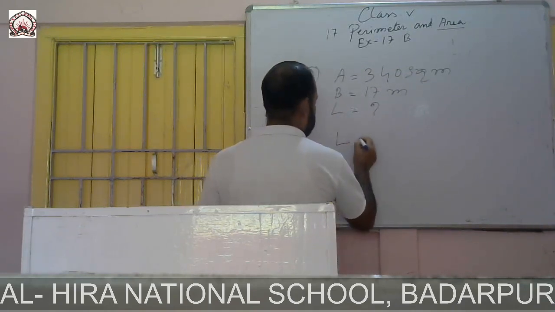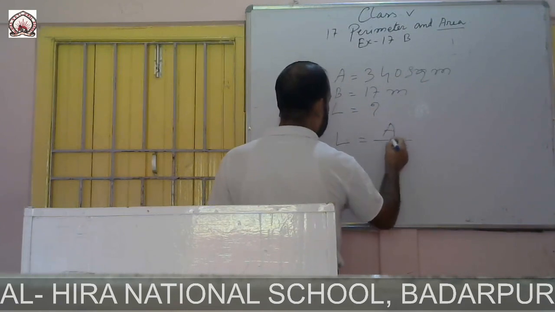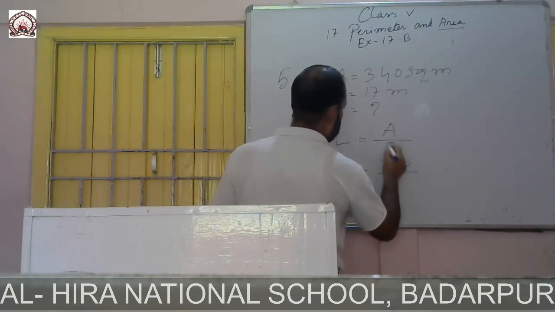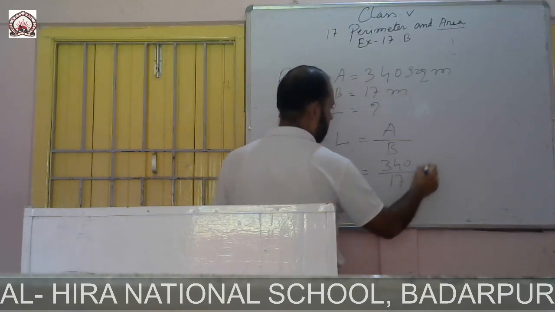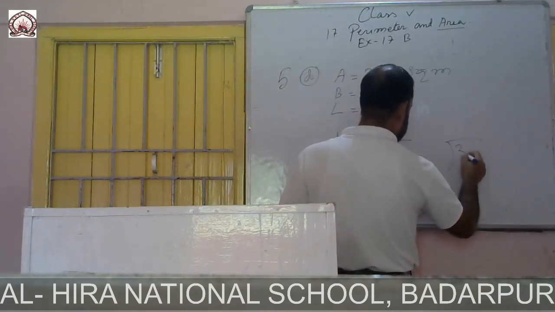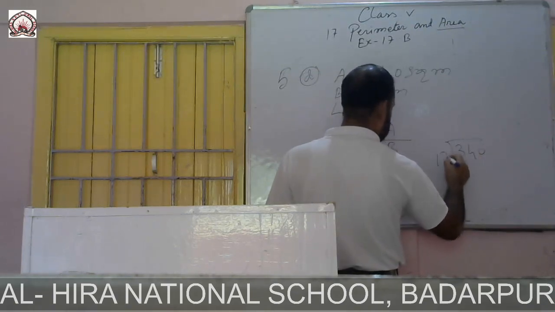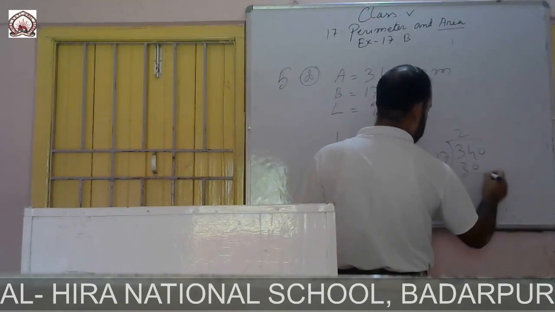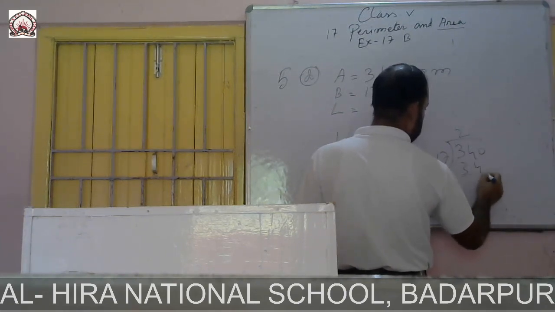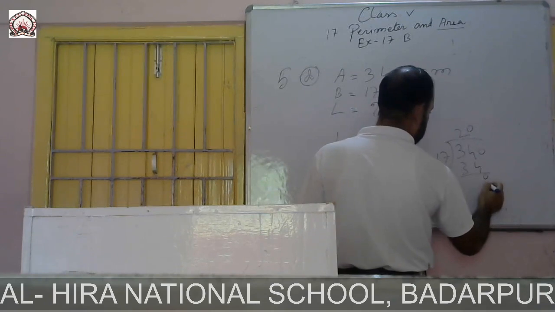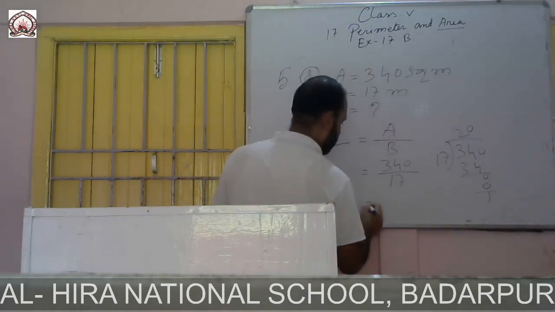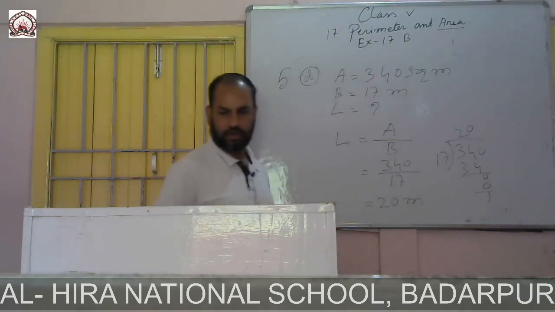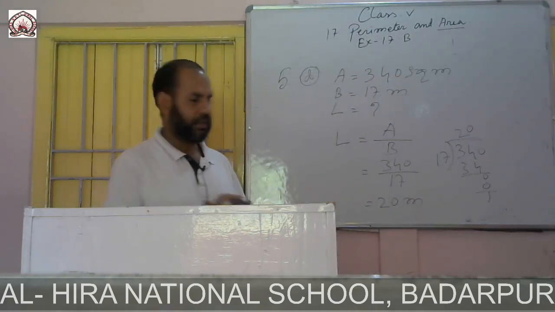So we know length equal to area by breadth. So here 340, breadth equal to 17. We divide 340 by 17. So 17 2s are 34. Remain 0. 17 0s are 0. So answer is 20 meter. Length equal to 20 meter.